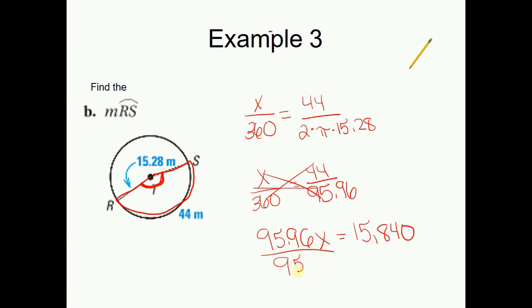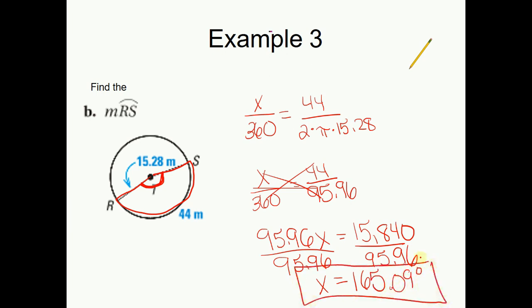Let's divide by 95.96. So I'm going to get x equals 165.09 degrees. Notice it's not 180, it's not straight across, so that kind of works out for the amount right there.